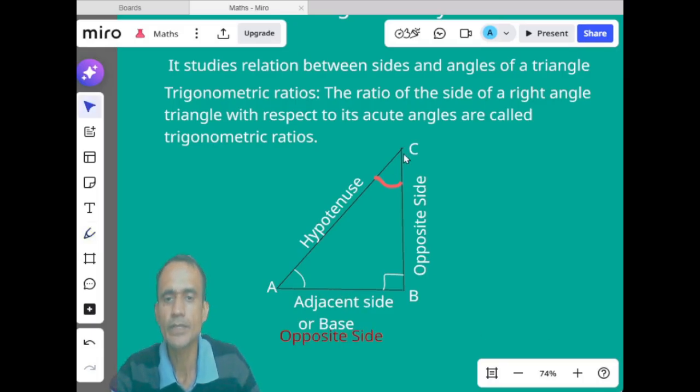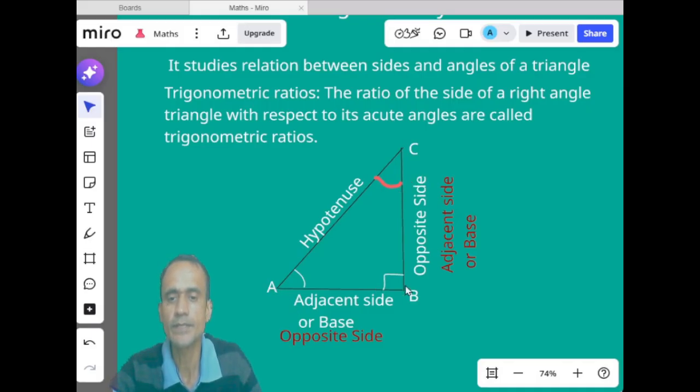So with reference to angle C, side AB will become the opposite side, and side BC will become the adjacent side. I marked these sides in different colors so that you can understand that for angle C, the opposite side is AB and the adjacent side is CB. And if we take angle A, then the opposite side is BC and the adjacent side is AB. Hypotenuse remains the same. So now we have understood what opposite side, adjacent side or base means.